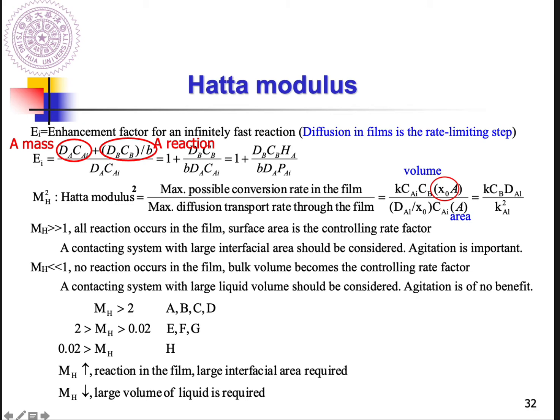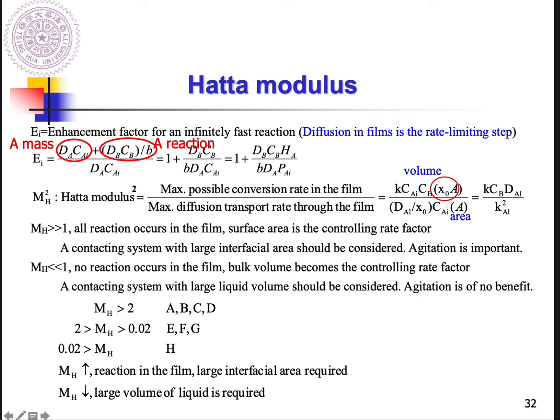E, based on definition, is the total consumption rate for mass transport and reaction, divided by mass transport, right? So diffusivity times concentration gradient plus reaction consumption rate.